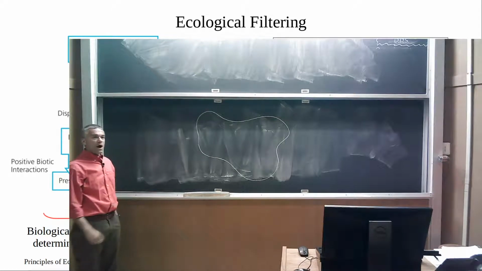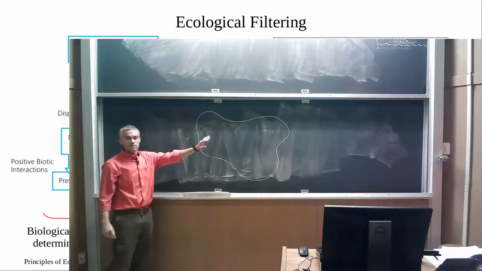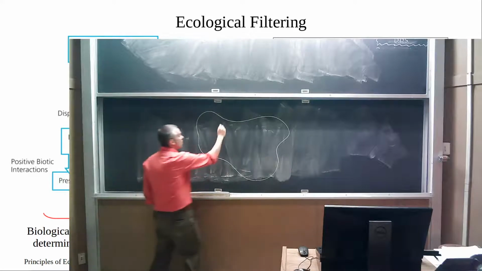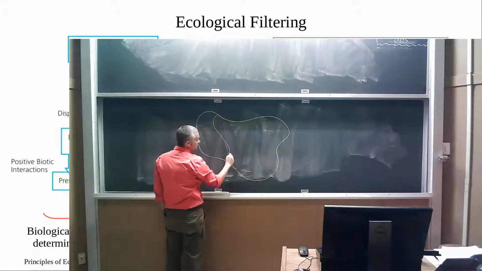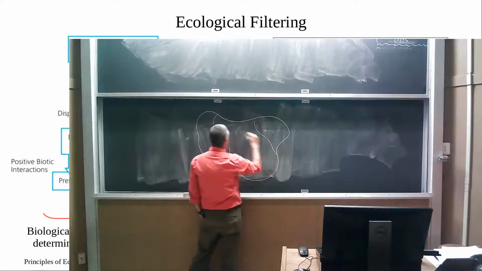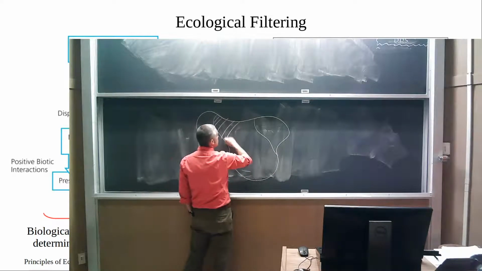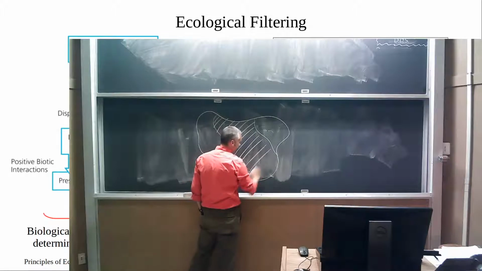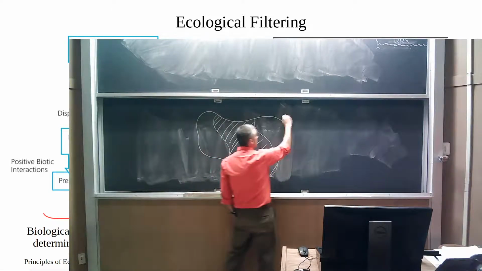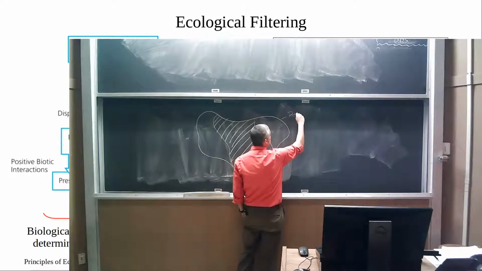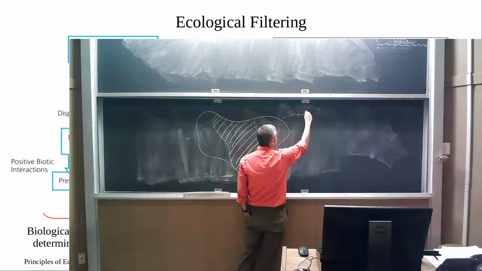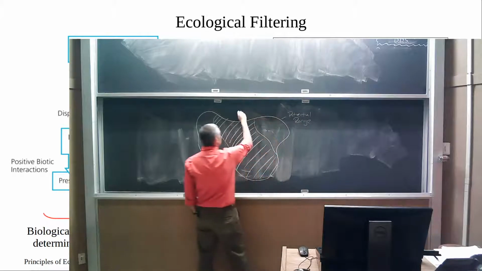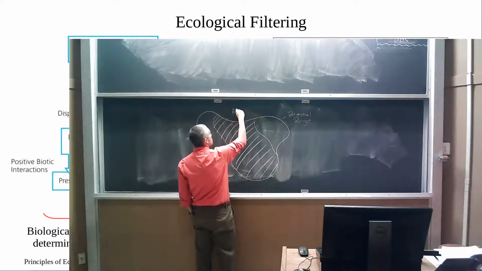But then when we go out, we don't see our organism in these areas. Let's say that we only find our organism in this shaded, or hatched, region. So this outer one is our potential range. This region is our actual range.